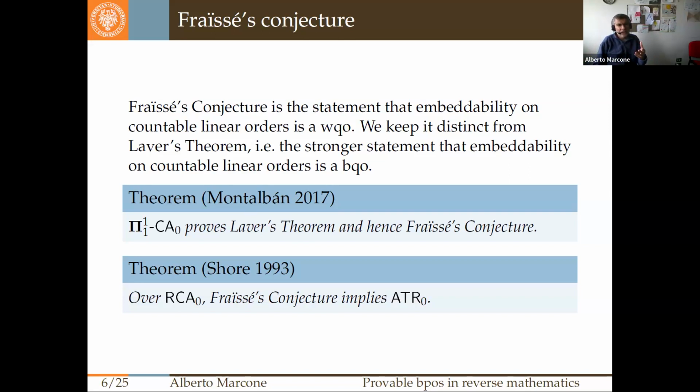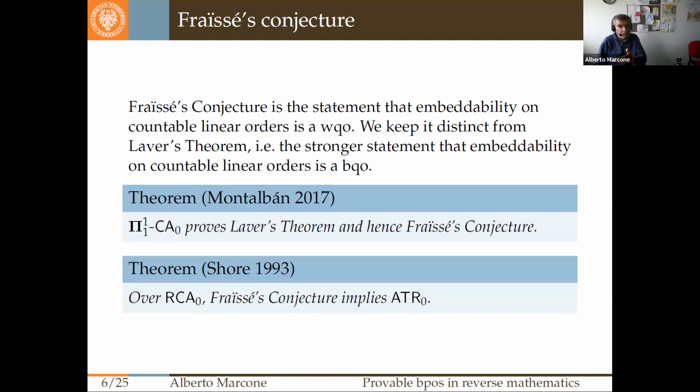Here I'm talking about quasi-order rather than partial order, because there might be bi-embeddable linear orders which are not the same, so antisymmetry fails, and that's the difference between a partial order and a quasi-order, but it's essentially the same thing. So I still keep it distinct from Laver's theorem because these are two different statements.